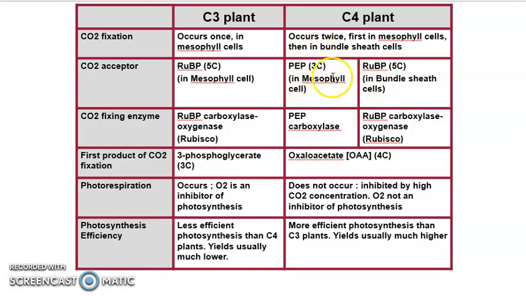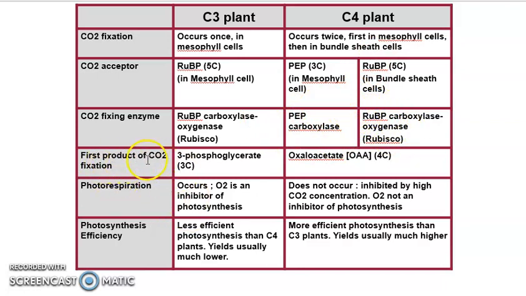The first one adalah PEP, phosphoenolpyruvate in mesophyll cell. Second adalah RuBP, ribulose bisphosphate in bundle sheath cell. Okay, and then for carbon dioxide fixing enzyme for C3 plant, okay, hanya ada satu saja, which is RuBP carboxylase oxygenase or Rubisco. While for C4 plant, dia ada dua, PEP carboxylase and also Rubisco.